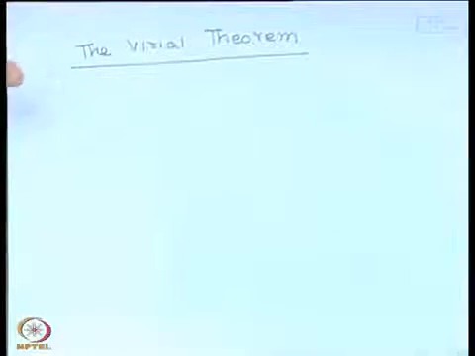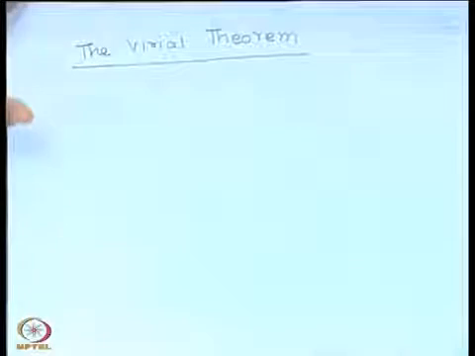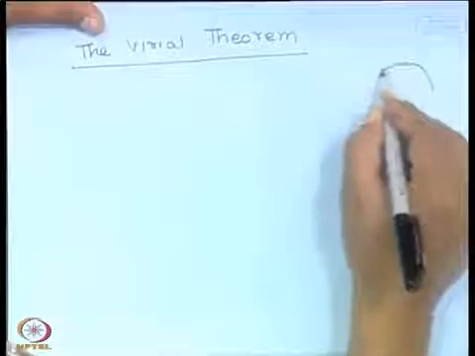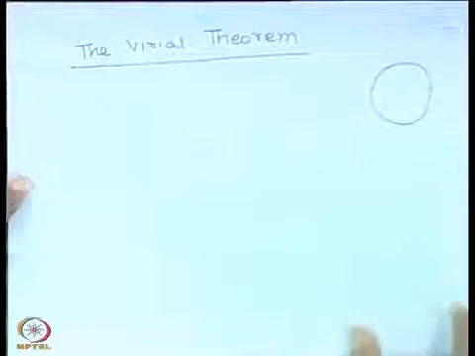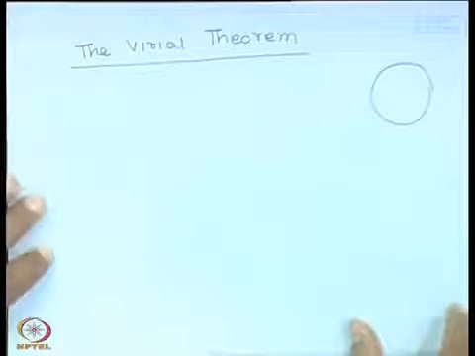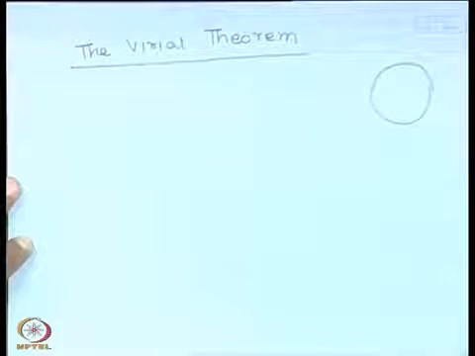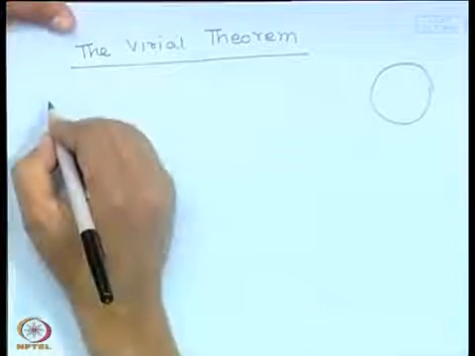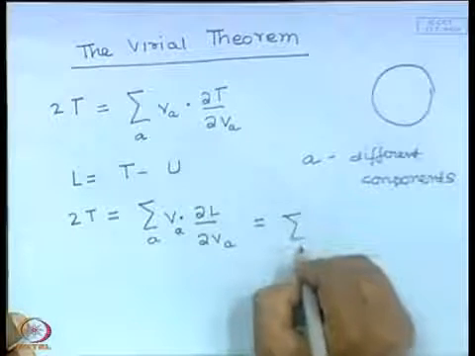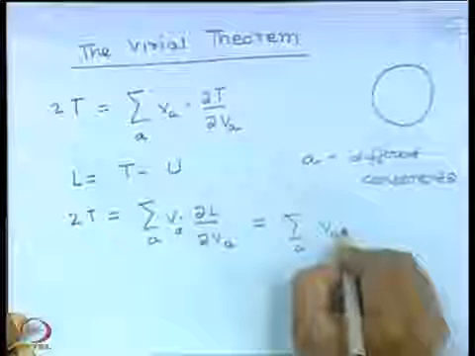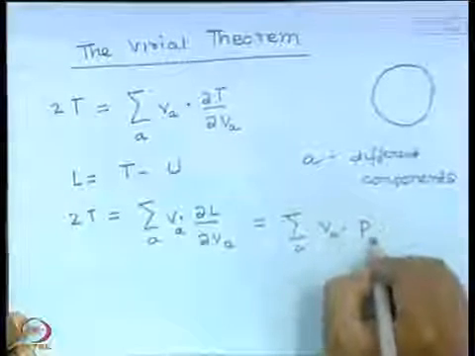So, let us consider some motion which is bound in a region of space. So, let us say that the motion is bound within certain region, let us say within this region in space. Okay. And now, the kinetic energy 2T, so we will use T to denote the kinetic energy, is equal to V_A dot P_A.